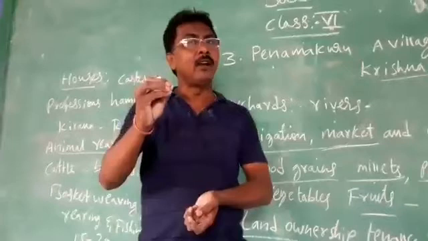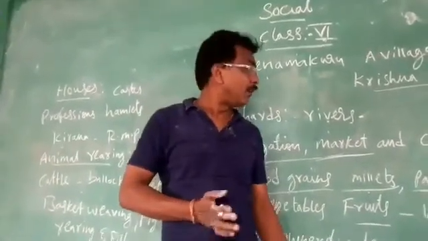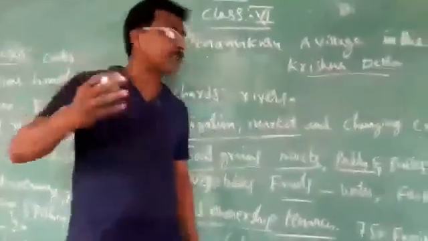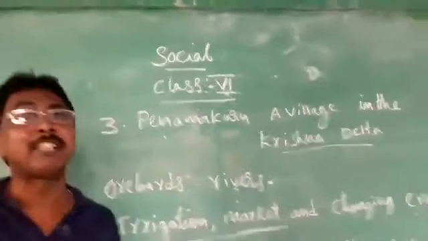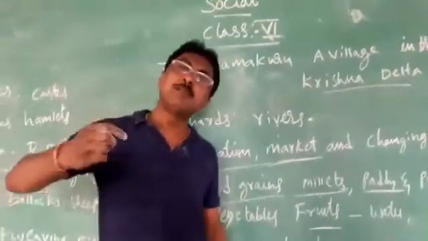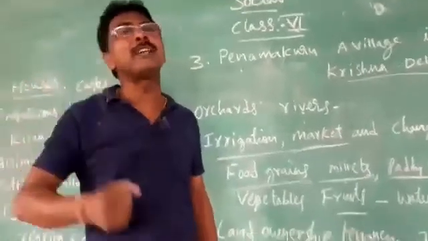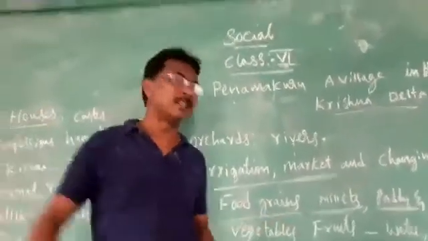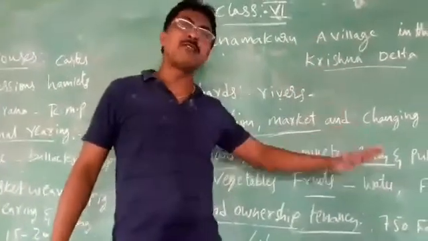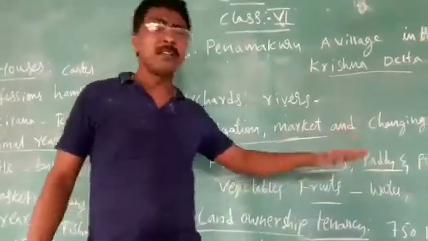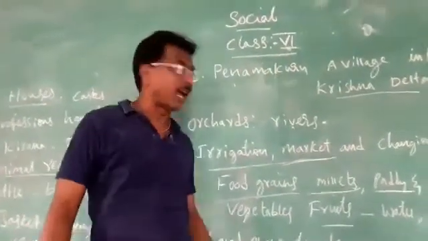Near about 10 to 15 families are having 10 acres of land, and some more families are having 2 acres and 1 acre, small holdings like that. All the families have land, 1 acre, 2 acres, 5 acres, and they are doing agriculture. That is about land ownership.